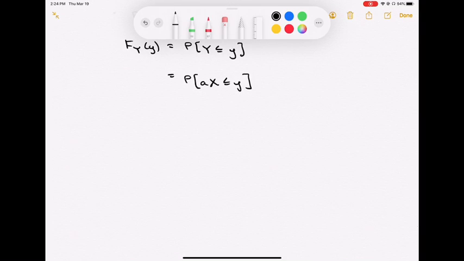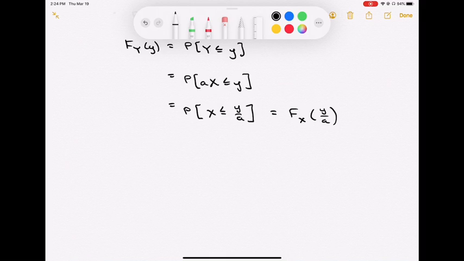Here we're going to solve for X. Because a is non-negative, and part of the reason I constrained it there is so that I'd know what to do on this next step, we divide by a non-negative number a, and we get X less than or equal to y over a. Well, that is already in a form that we understand. This is now in terms of the known random variable X, and the probability that X is less than anything is equal to its CDF. So this is F_X not of little x, but of y over a.